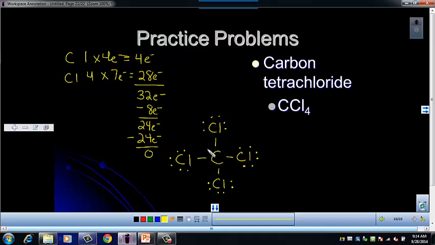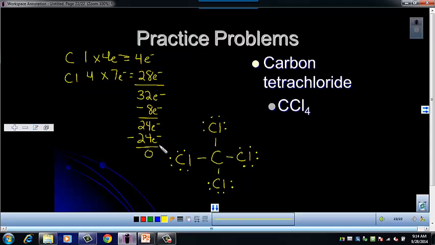So we want to check for a full octet on that central atom. Remember, our central atom here is carbon, and then these outside atoms are the chlorines. So carbon has 2, 4, 6, 8, which is a full octet. So this is the last rule, super secret, but make sure that you do it.